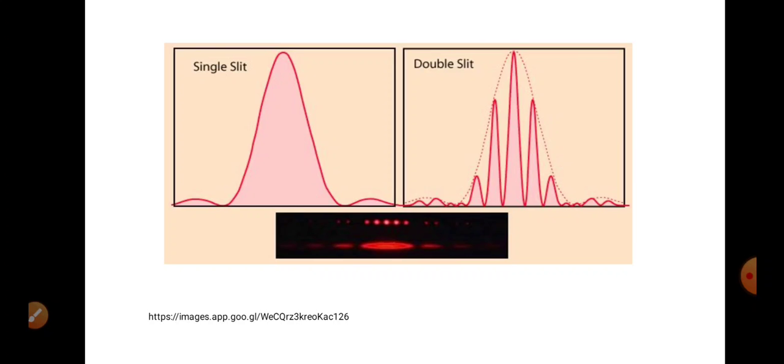Next, in case of the double slit, the full line represents equally spaced interference maxima and minima, and the dotted curve represents the diffraction maxima and minima in the region originally occupied by the central maximum of the single slit diffraction pattern. Equally spaced interference maxima and minima are observed. So this is the main difference between the single slit diffraction pattern and the double slit diffraction pattern.